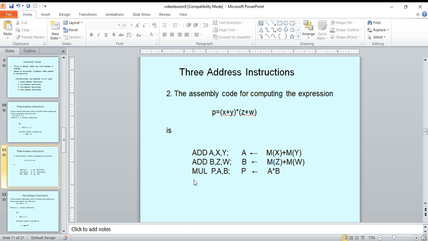To perform the multiplication of the two numbers, we can use the instruction MUL, and according to this expression, the result should be placed into the P register. So for that we write capital P register, and A and B are the two registers which hold the data of the corresponding operations.